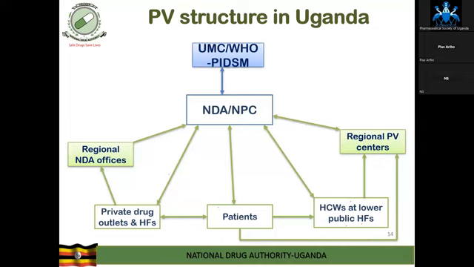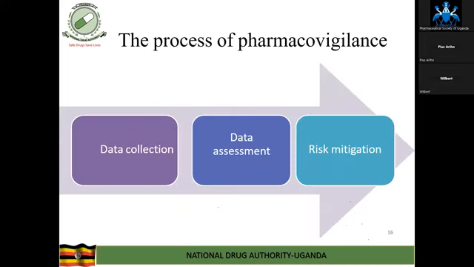So this role starts with the patient and the health worker reporting, but the role of the National Drug Authority at the end of the day is informing health policy and getting to know that this drug can cause this effect, or this drug should actually be removed from the market because of what it does. So that is the process of pharmacovigilance.